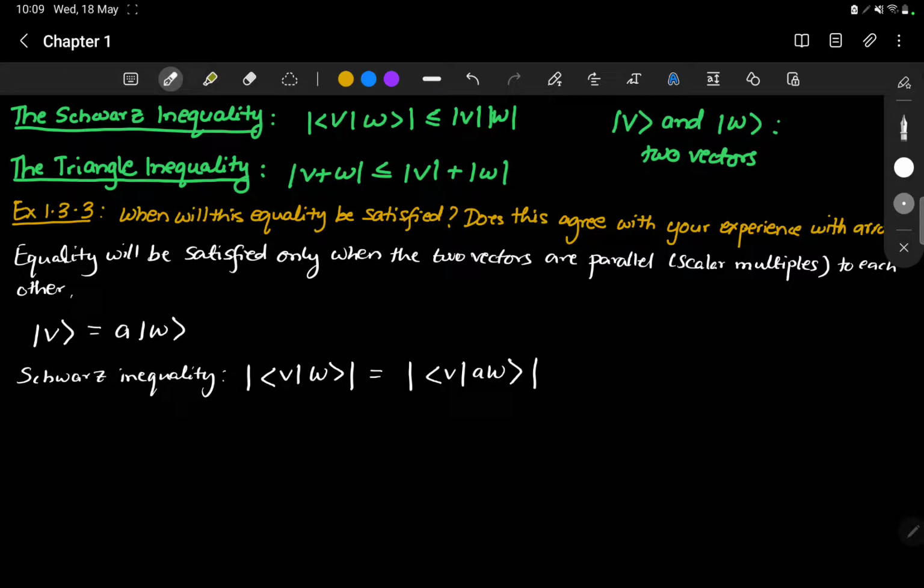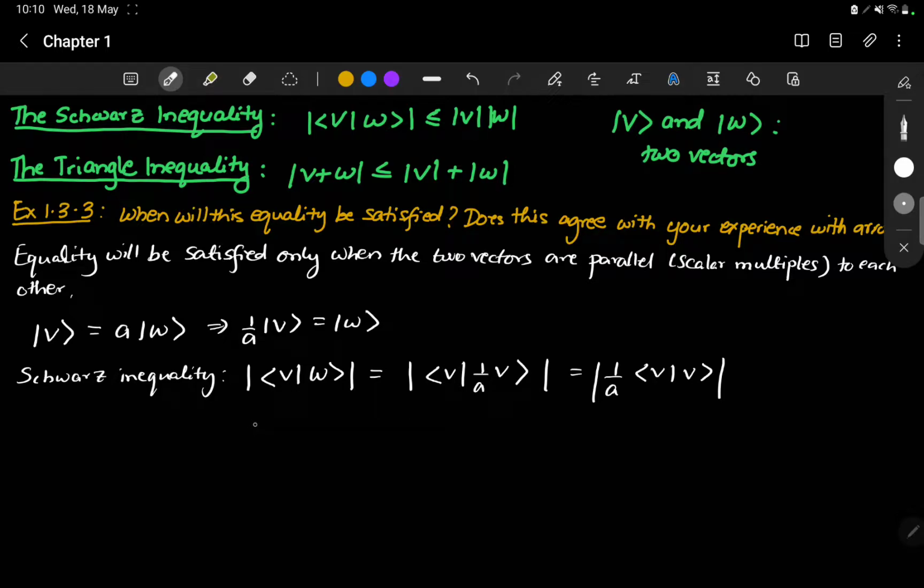Sorry, I wrote the wrong thing. If V is A times W, then that means W is 1 by A times V. Now let us look at the right hand side of the inequality.